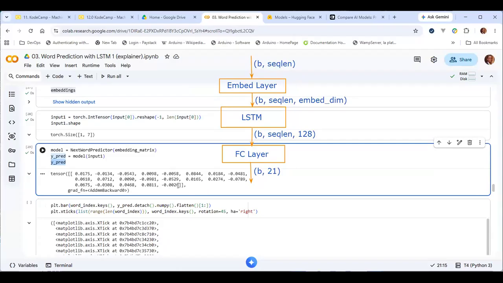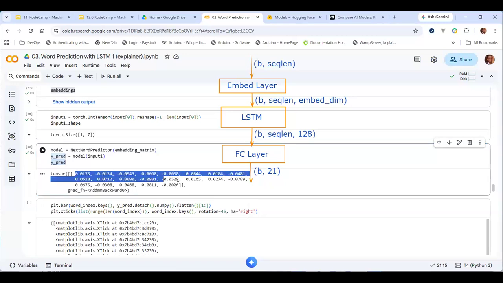This 21 represents the position in the vocabulary. That is the most likely position that matches the next output. Okay, so you can see that this is position 0, this is pad. This is position 1. That represents what was position 1 again?